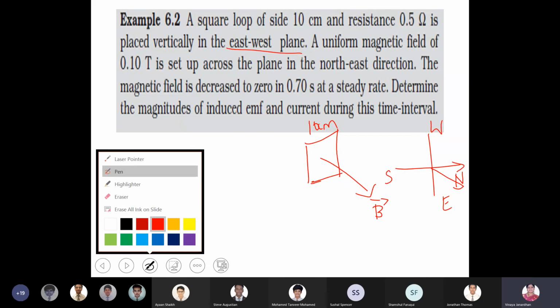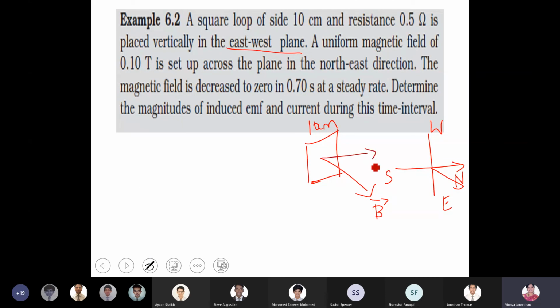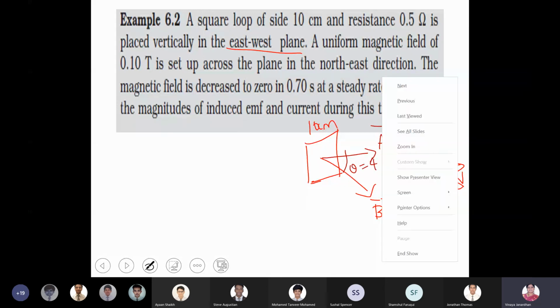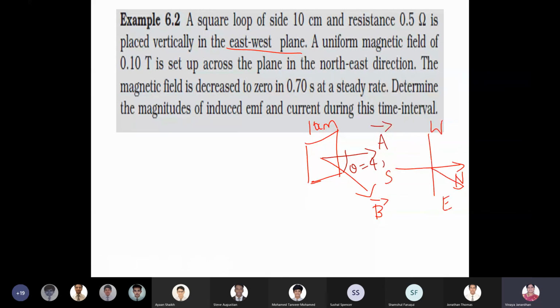Then what will be the direction of the area vector? This will be the direction of the area vector. Any vector which is perpendicular to the surface, we call it the area vector. Your area vector is now lying along the north direction because the plane of the coil is in the east-west. So now theta becomes equal to 45 degrees. Boys, they will not give you the value of theta.